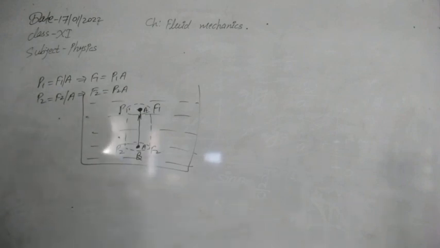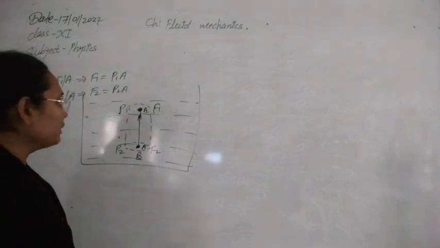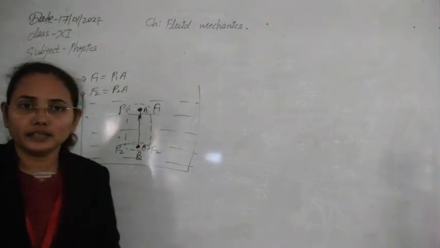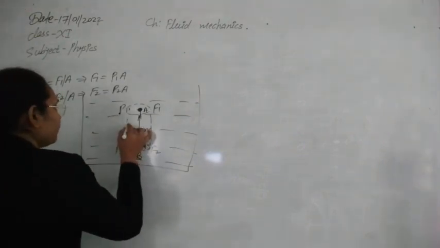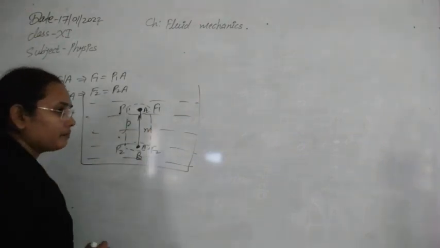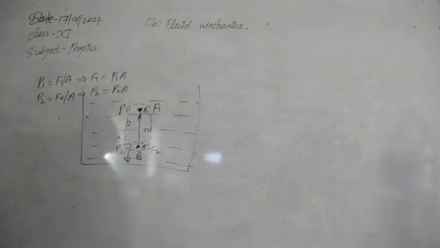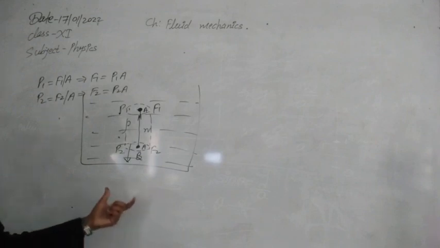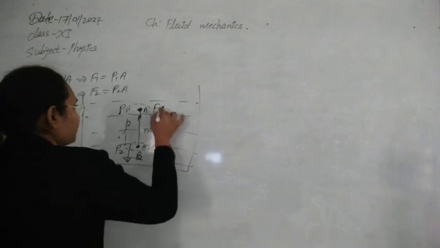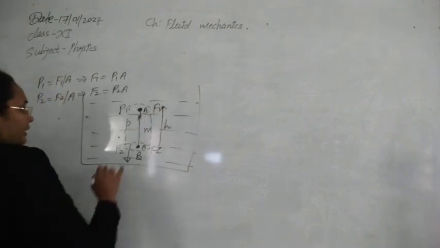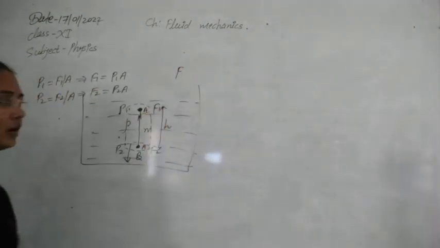Now the net force applied here is due to the weight of this imaginary cylinder. If the mass of the cylinder is m and the density of the liquid is rho, and the distance from A to B is h, then the net force acts in the downward direction.